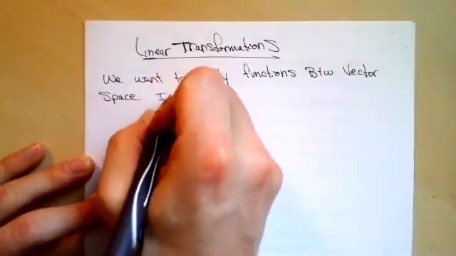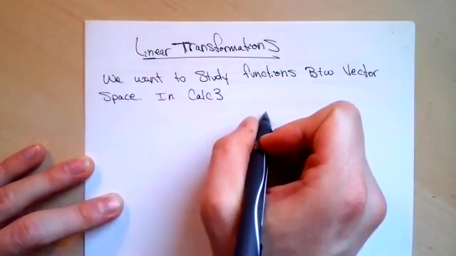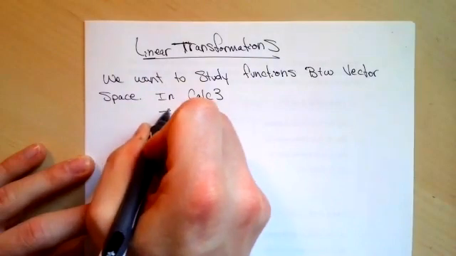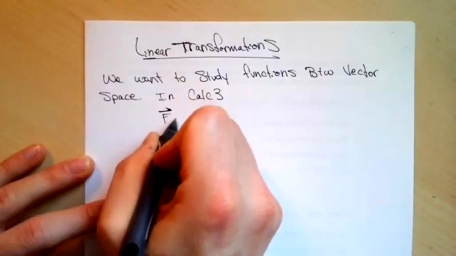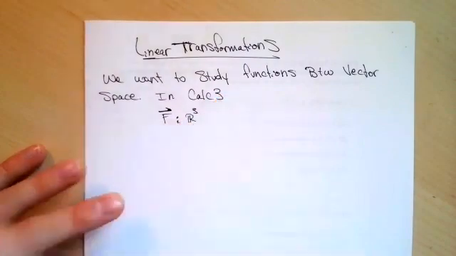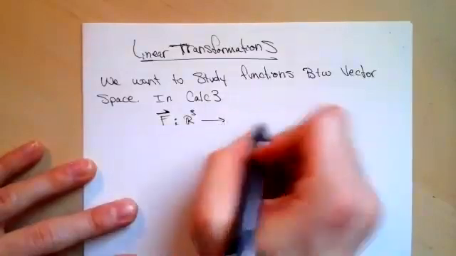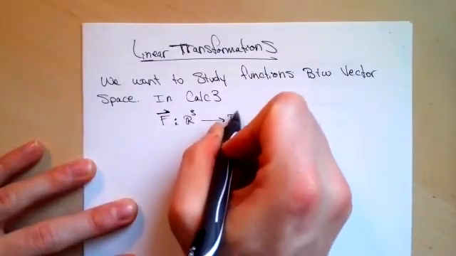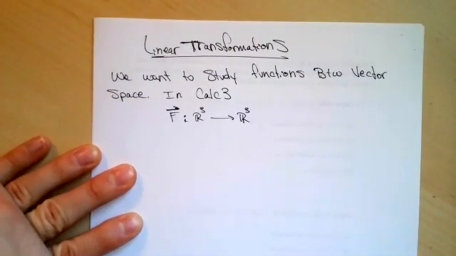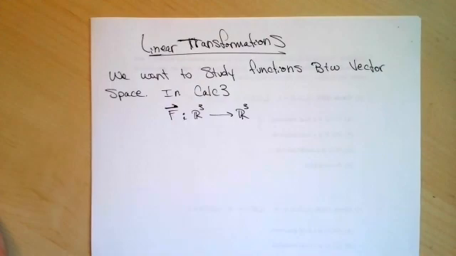In calculus, specifically Calc 3, you study what are called vector valued functions. So where you might have a function that maps for every given point in three-dimensional space, it attaches to that point some vector. These are vector fields that you study in Calc 3.